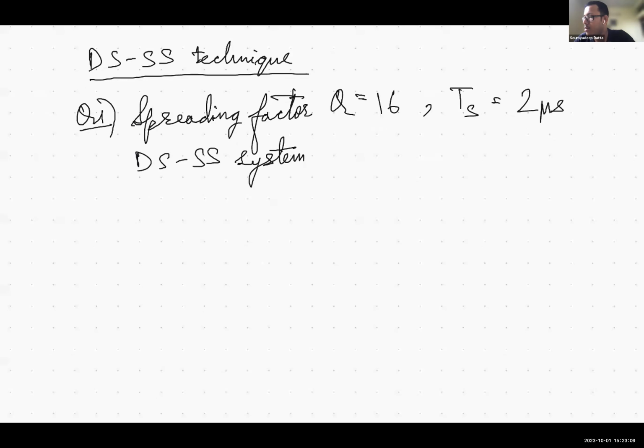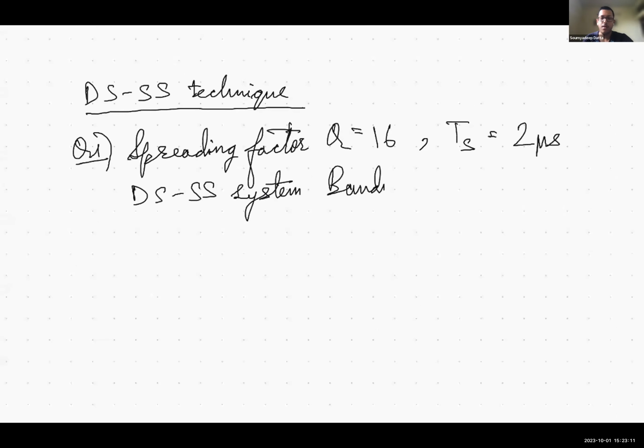You are asked what is the bandwidth of the resultant system?